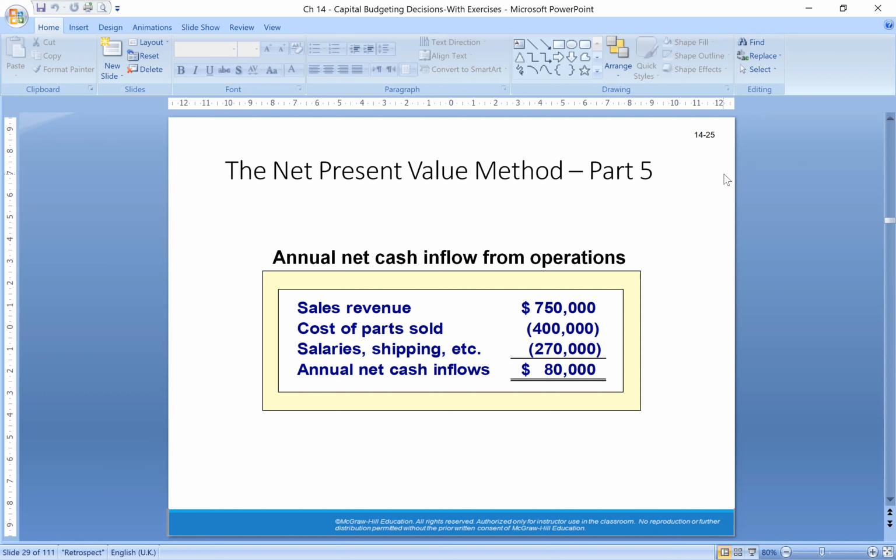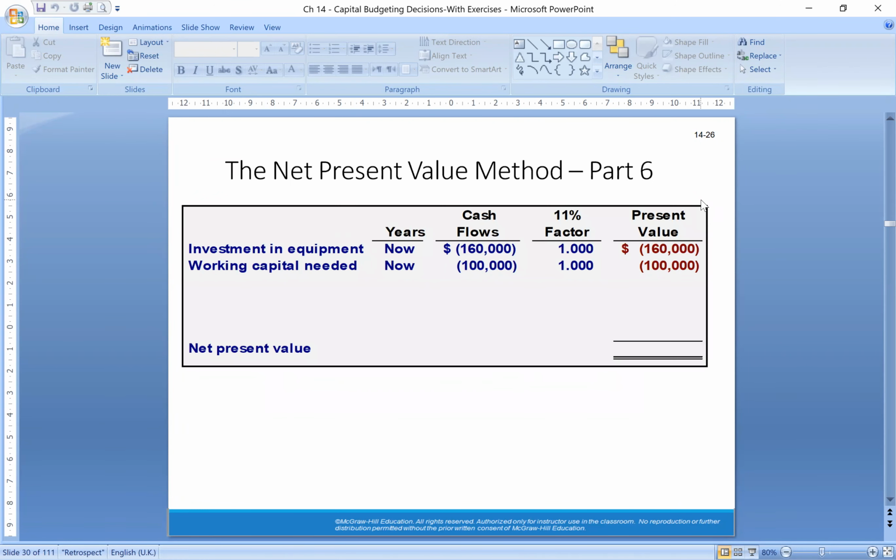The cost of parts sold, which is outflows, $400,000, and other costs, also cash outflows, of $270,000. So the annual net cash flows expected from this project is $80,000. Good? Yes? So the first step in calculating the present value of the project will be calculating the net cash flows, which is the difference between cash inflows and cash outflows.